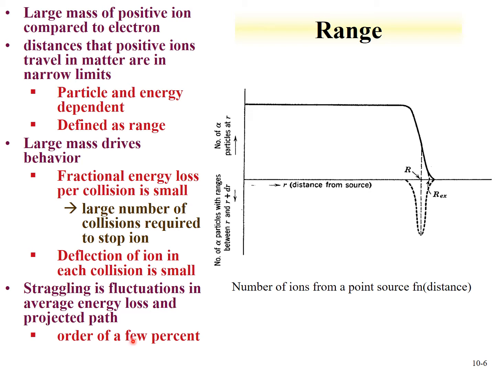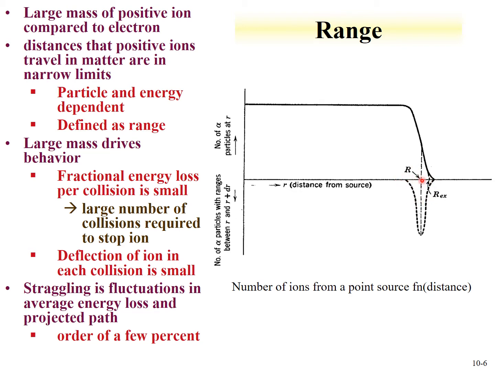So imagine a massive particle going through the material: how it gets scattered up or down from a given direction is relatively small. So it tends to go in a relatively narrow path and deposit a great deal of its energy in a relatively small area.